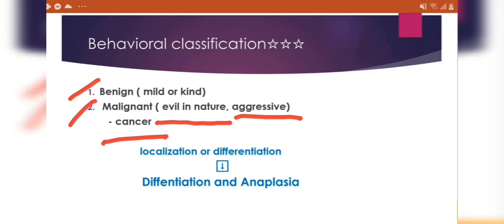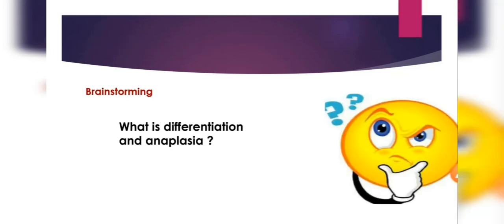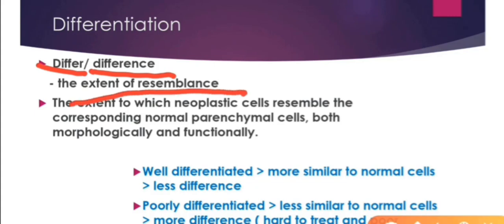The basis on which these two classes are differentiated is localization or differentiation, which can be broadly termed as differentiation and anaplasia. Now comes the question, what is differentiation and what is anaplasia? Differentiation. The first thing that comes in our mind after hearing differentiation is differ or difference. And difference between two structures relies on the extent of resemblance.